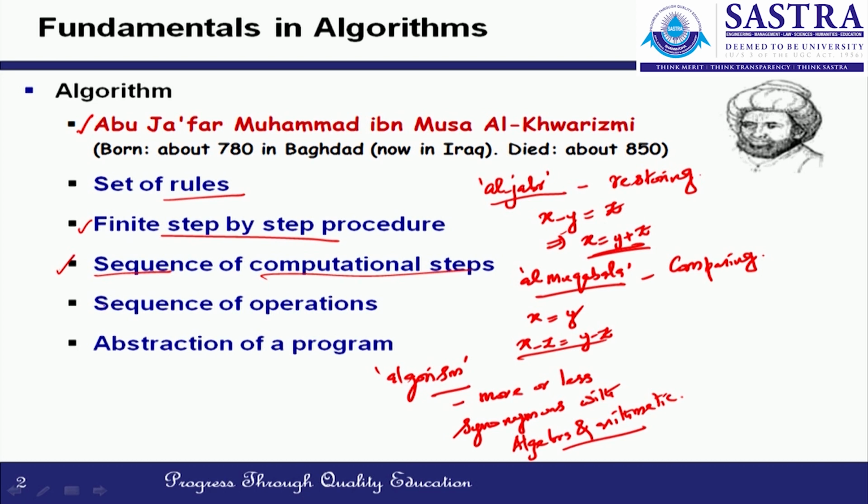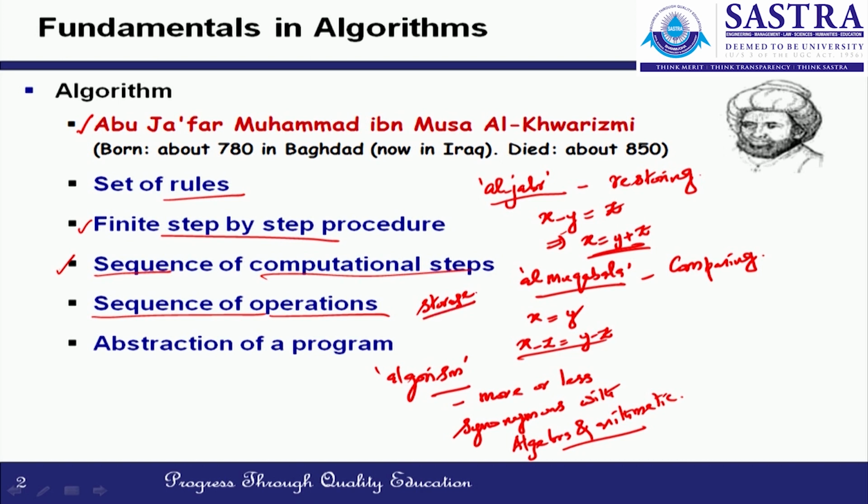Fourth definition: an algorithm is defined as a sequence of operations which are going to be operated on the corresponding data structures. When the operations are stored in the data structures and executed by a machine, automatically we need to associate the corresponding memory, that means storage.